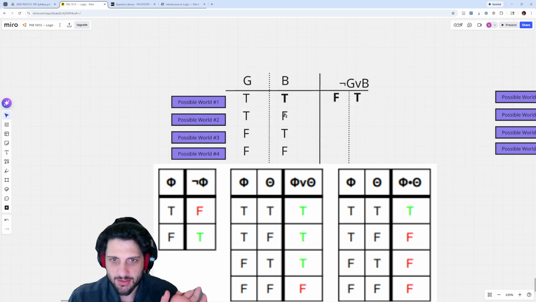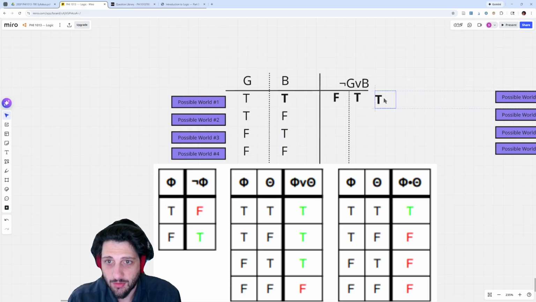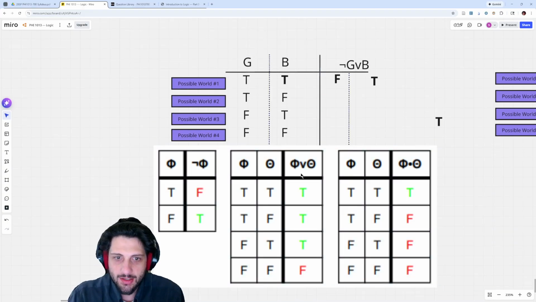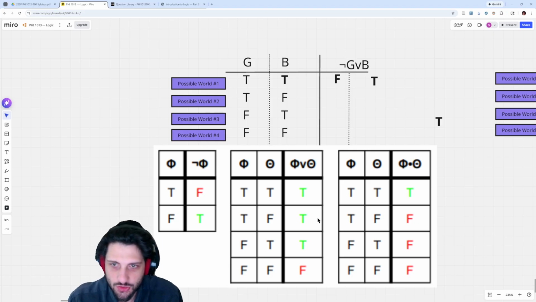Just because I know this can be very confusing at first, it's as if on the left we see F and on the right we see T, and so we look at this truth table diagram. This is our recipe booklet for how to determine when an or is true, or when a conjunction is true, or when a negation is true.